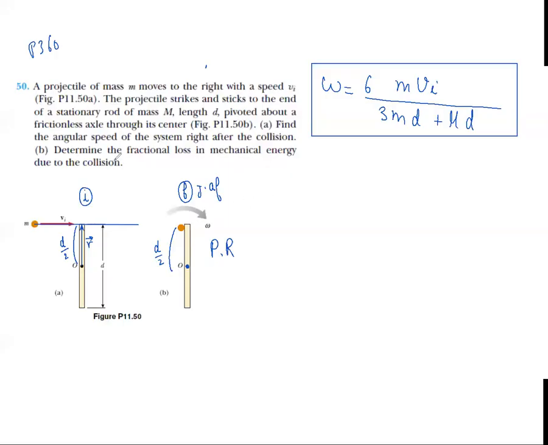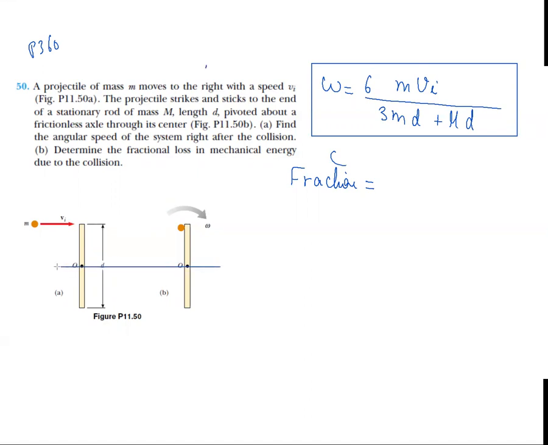Part B: determine the fractional loss in mechanical energy due to the collision. In general, the fraction of energy, about the mechanical energy, if you look at the system between before the collision and just after the collision, we have the same potential energy.